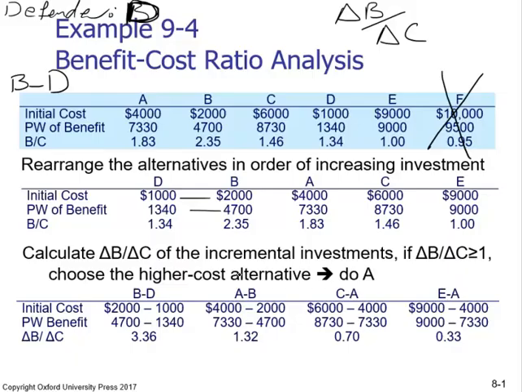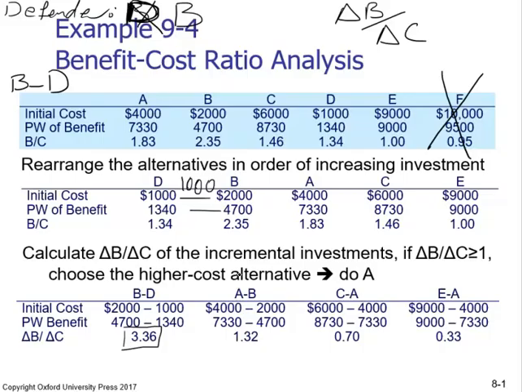What would be delta B over delta C? 3.36. That's a great ratio, and it means that D is not our defender anymore. Now the defender is B because it proved that the extra investment of 1,000 is worth it.